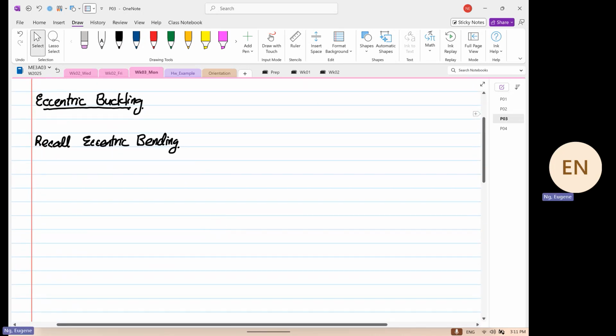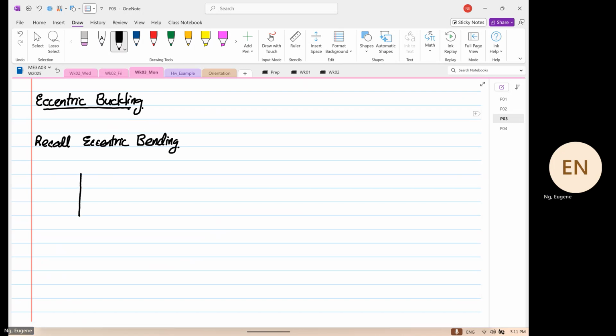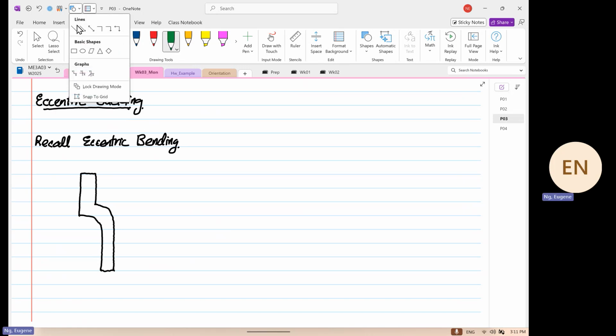So now if we have a structure looking like this, probably Dr. Koshi also used the same diagram. Okay. And then over here, I'm going to draw two green lines.